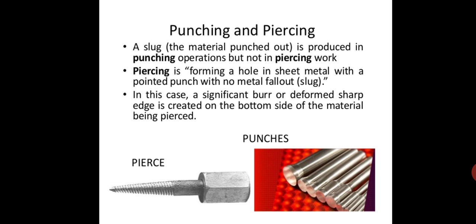Piercing is forming a hole in a sheet metal with a pointed punch with no metal fallout. In this case, a significant burr or deformed edge is created on the bottom side of the material being pierced. The two diagrams show the difference between the punched and the pierced object.